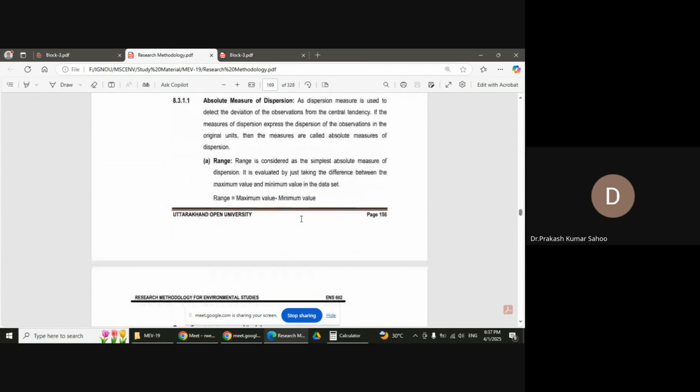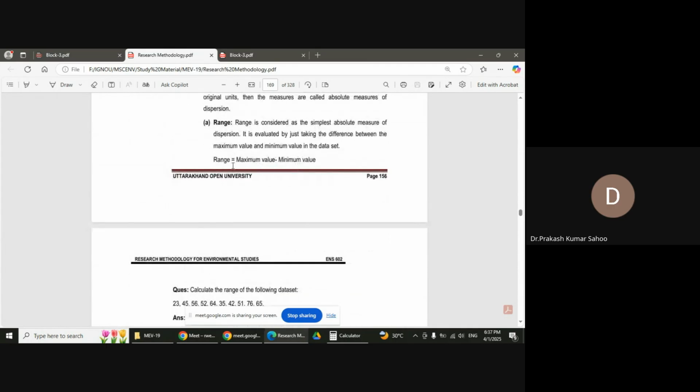So we have the range. Range is nothing but your maximum value minus minimum value. If you have a set of data, you arrange all the data in ascending or descending order. Then the maximum value minus minimum value will be your range.